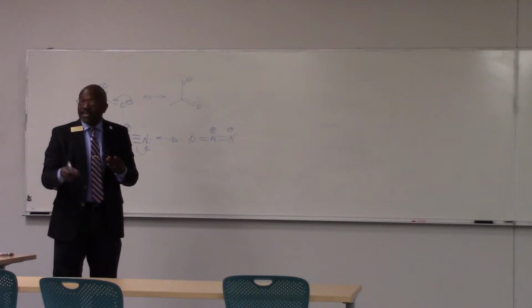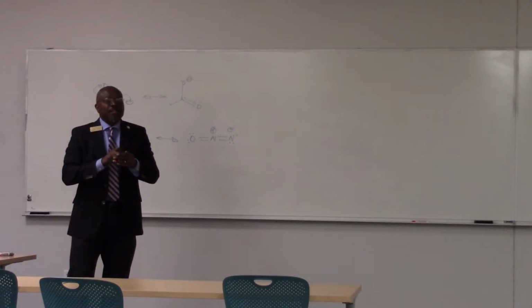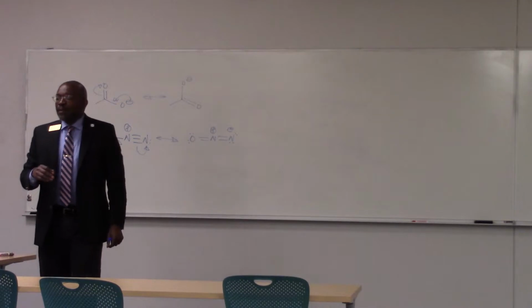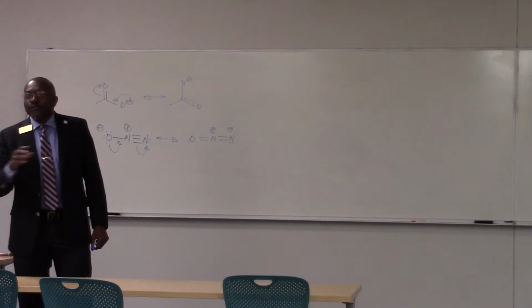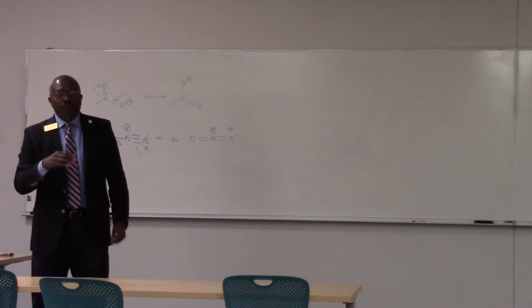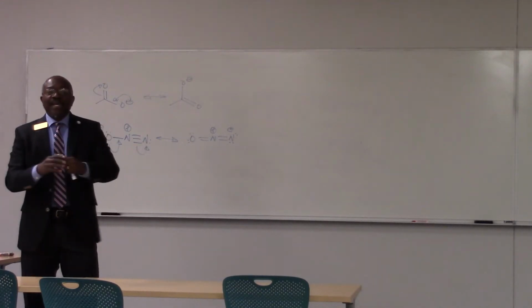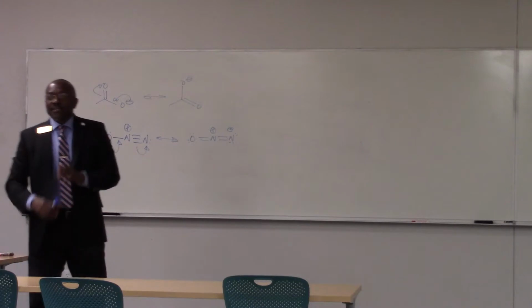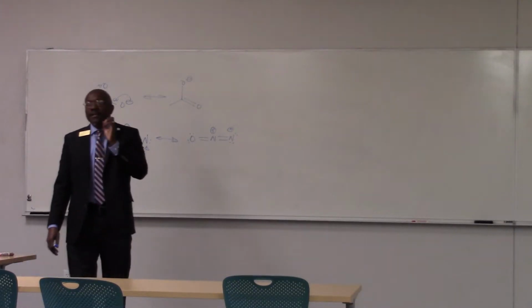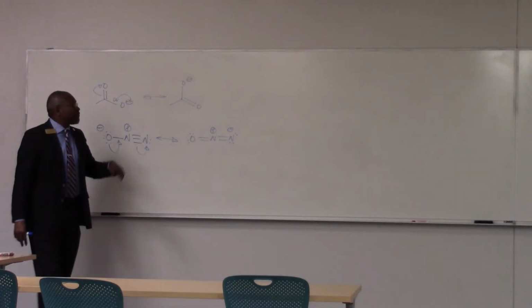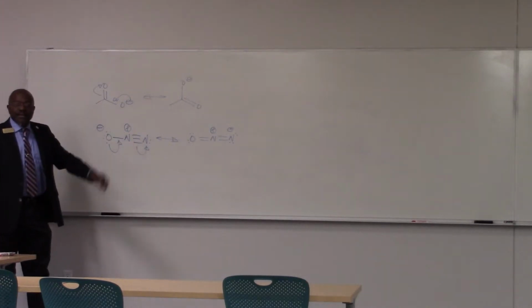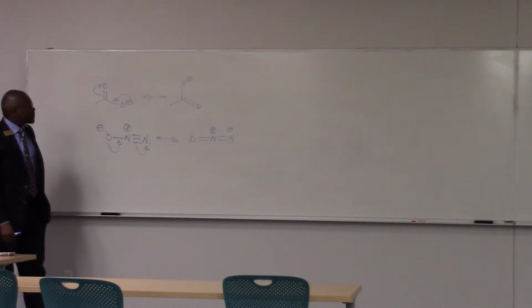And it must be that case because the feature of resonance is that we're not moving atoms. We're only moving electrons. If you break a sigma bond, you're moving atoms. So resonance was only featuring the motion of pi electrons and lone pairs of electrons.